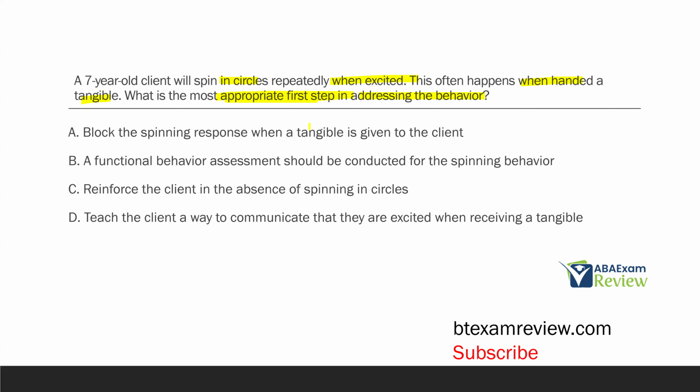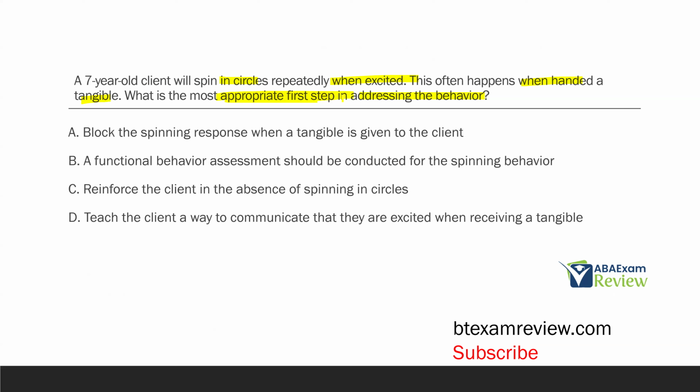So A is a pretty big leap ahead. B, a functional behavior assessment should be conducted for the spinning behavior. Absolutely. The only information we have is that the client spins in circles when handed a tangible. We need to know more information before we design an intervention. And even if we need to design an intervention, maybe it's not a big deal, right? Maybe it's not interfering with the client's life.